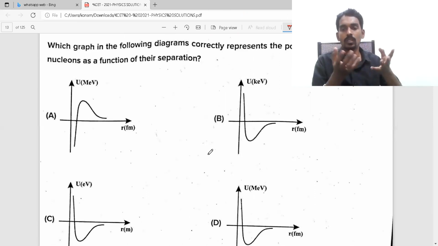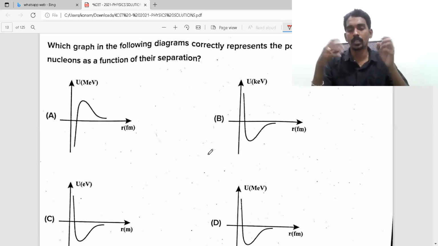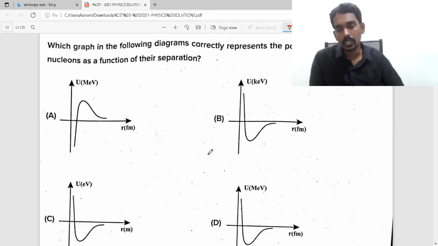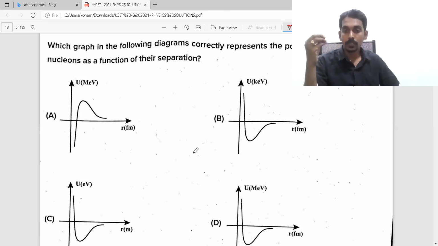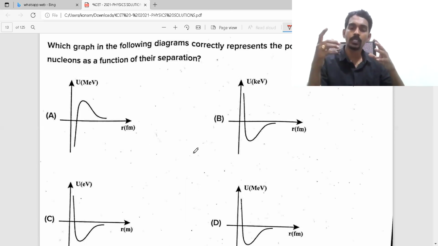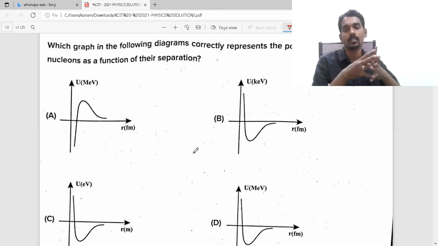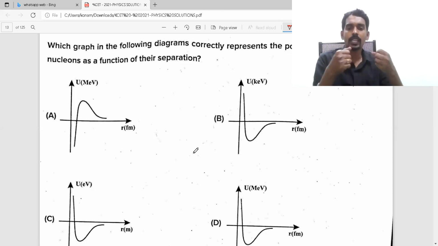Inside the solid, we see how the potential energy varies with the interatomic separation. In the same way, this also varies, but this is an unexpected question, because usually we don't study it in our syllabus. So it is textbook based, or information based, or direct concept based. If you have already studied or seen it, then you will directly mark it.